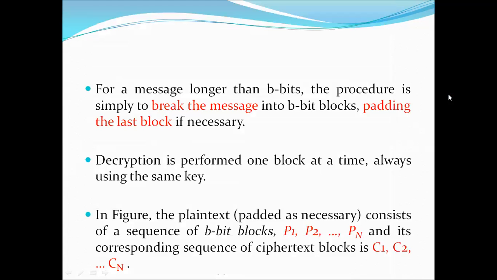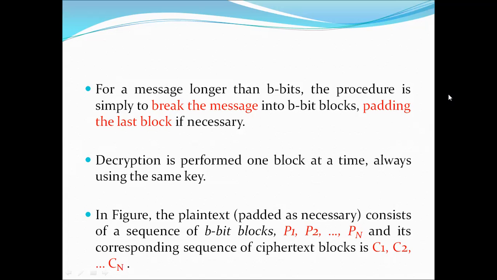For a message longer than b bits, the procedure is simply to break the entire message into b-bit blocks, padding the last block if necessary. Decryption is performed one block at a time, always using the same key. So this is the same process we have discussed using the diagrammatic representation.